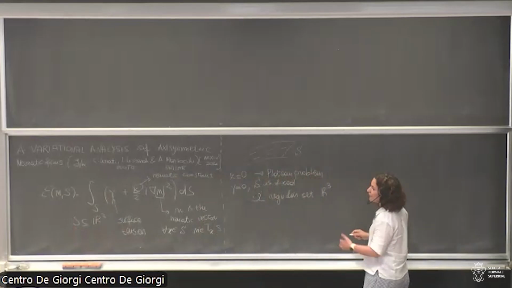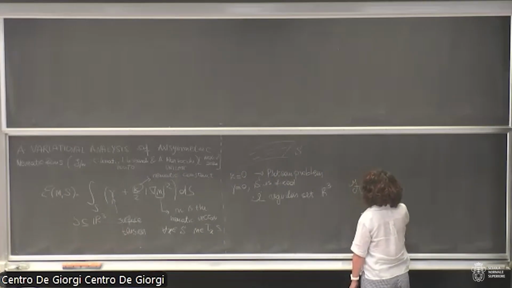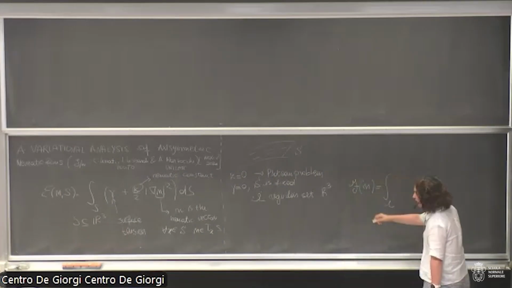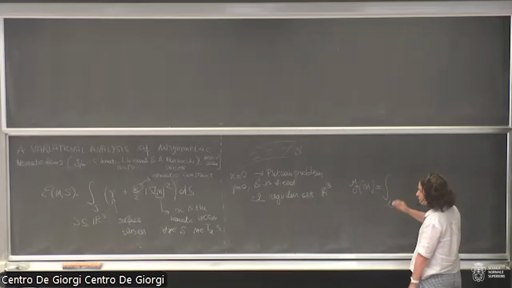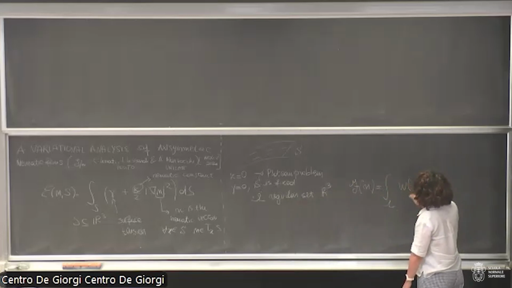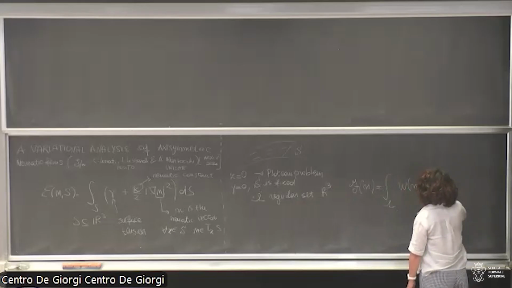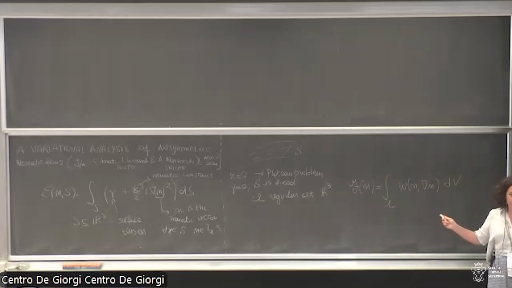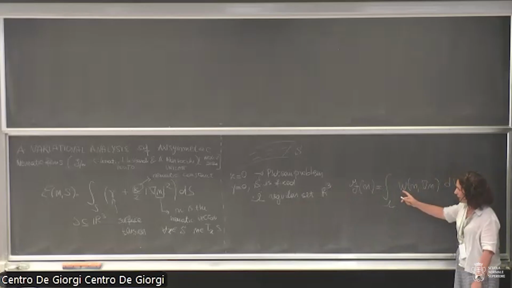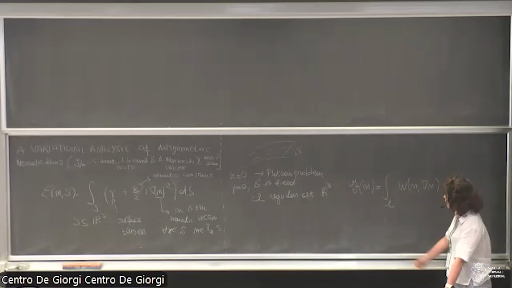This energy functional can be written in a more general form of this type: the integral over omega, which is regular, with all the hypotheses that you want to consider, of a suitable elastic energy W, which depends on n and the gradient of n in the entire domain. So this is the classical theory for liquid crystals, and this energy has been studied a lot.